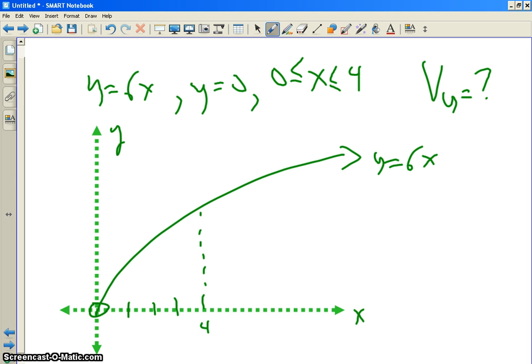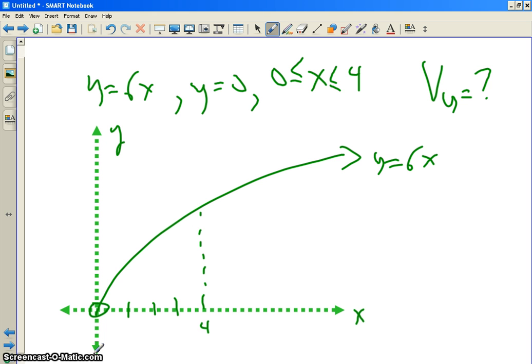Now this is already hinting at a new method, because if you do vertical strips and revolve them around the y-axis, it's not a disk, because the vertical strips would be parallel to the axis of rotation. That's something new we got to talk about. Or if you do horizontal strips, they're perpendicular to the axis of rotation, but there's a hole in the middle. That's different too. But it's not that different.